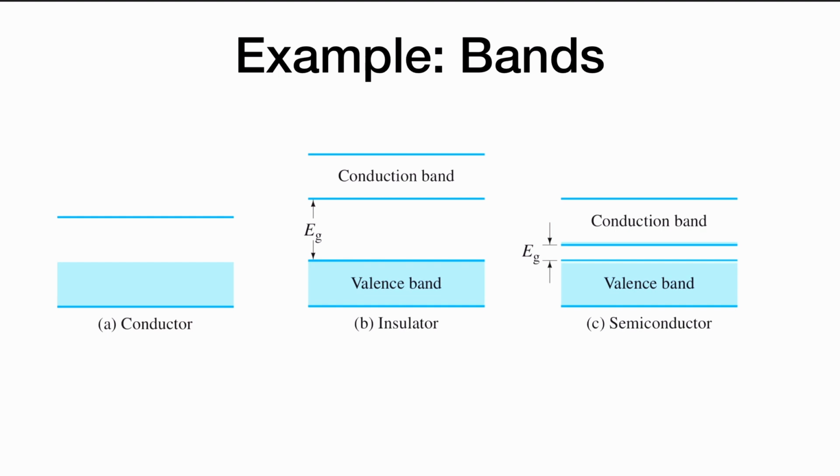On the other hand, we have an insulator. An insulator can have a conduction band, but this conduction band is very deficient. It's short of electrons. There are no electrons to move. And the closest available electrons are separated by an energy gap.